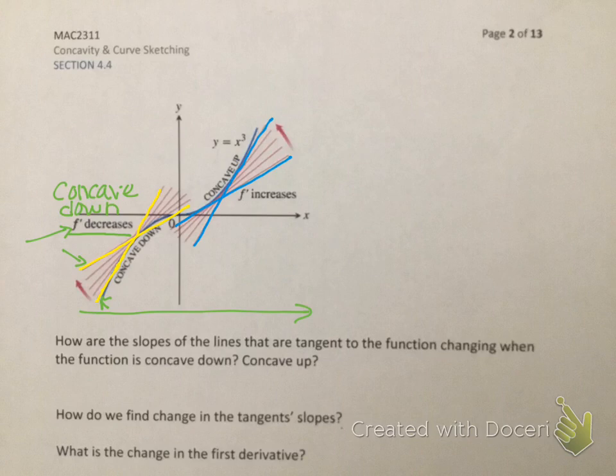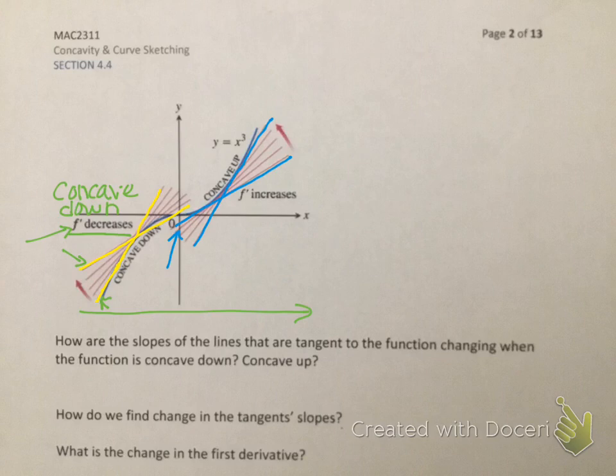Now let's look at where my function is concave up. So that would happen on the right side of the y-axis. Look at this first tangent line.